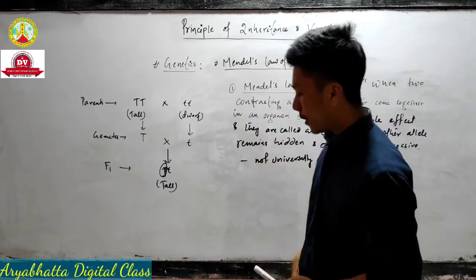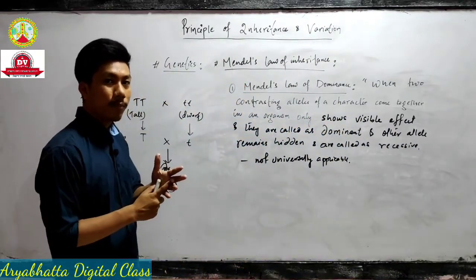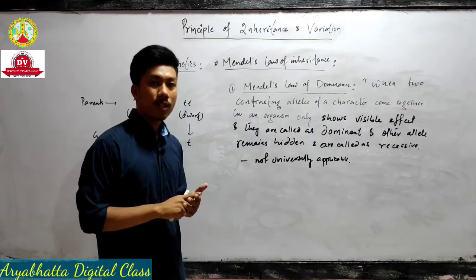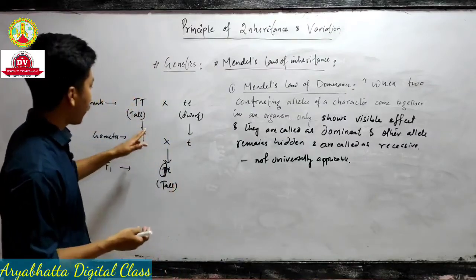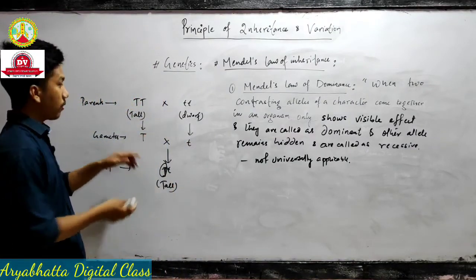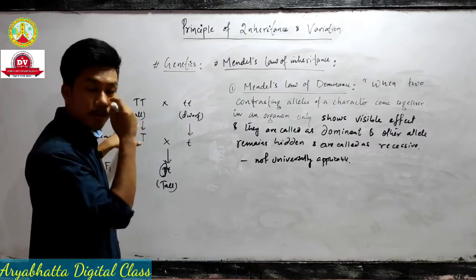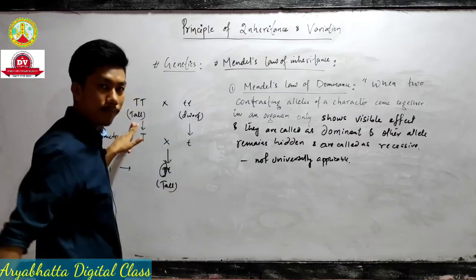So that is Mendel's law of dominance. When two alleles come together in one organism, one dominates the other and shows its visible effect, and the other remains hidden and is known as recessive. So by crossing we can find it out. We cross homozygous tall and homozygous dwarf plants.